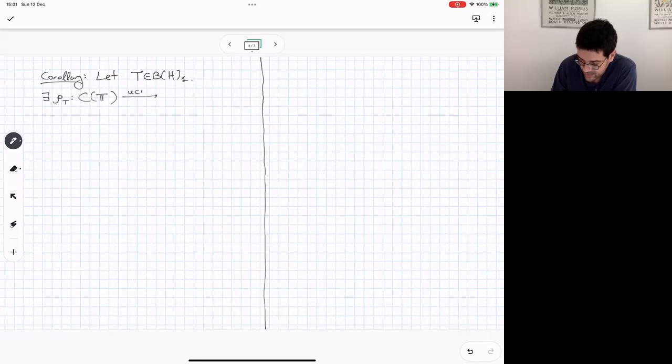It will be a UCP map into B(H), such that for every two complex polynomials P, Q in complex variables, rho_T of P plus Q bar will be equal to P(T) plus Q(T)*.